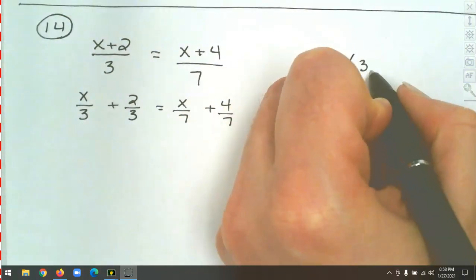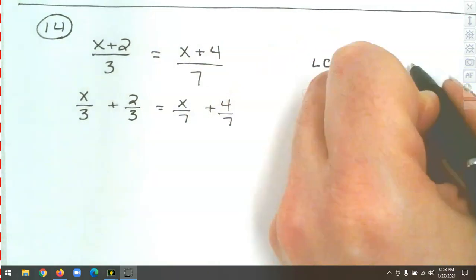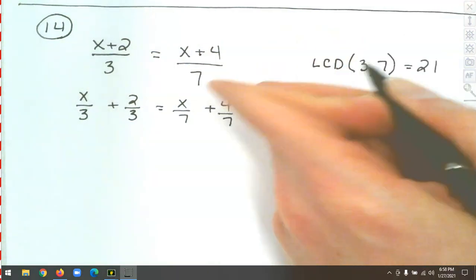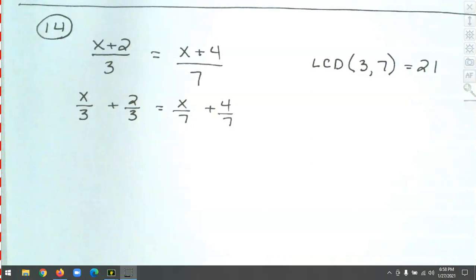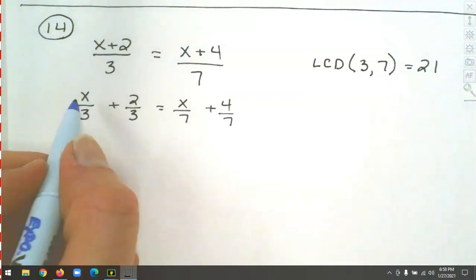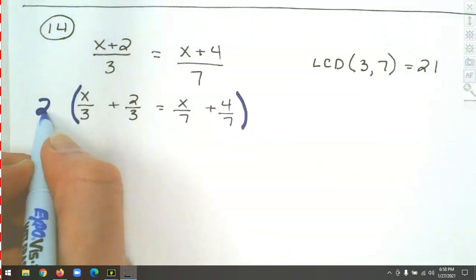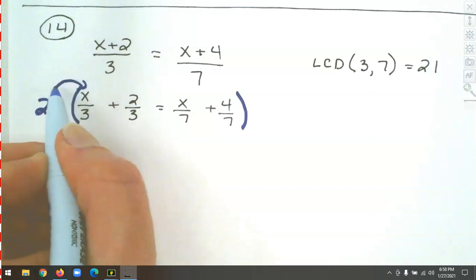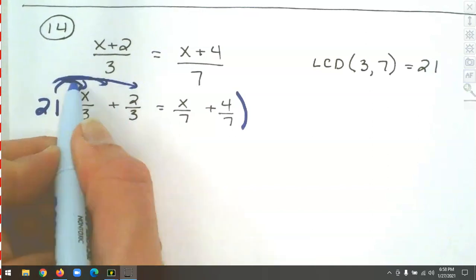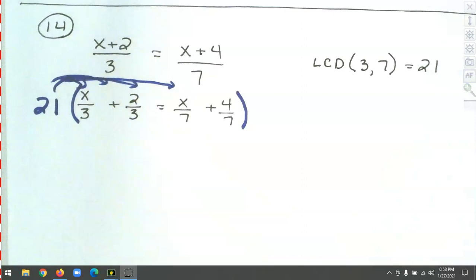We have a 3 and a 7. And that means they have a least common denominator of 21, right? This is one way of doing it. I'm going to show you how to cross multiply after this. So we could multiply all of this by 21, and we'll distribute it through.